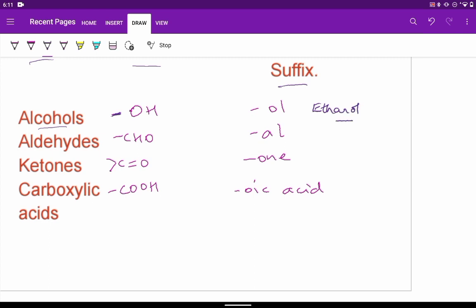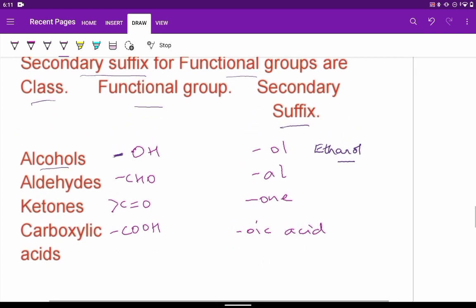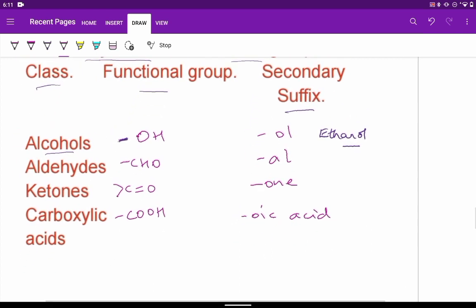So you see, we get the suffix OL. Next is the group of aldehydes. In the case of aldehydes, the functional group is CHO. The suffix used will be AL, like in the case of propanal. In the case of ketones, the functional group is C double bond O. The suffix is ONE, as in propanone.